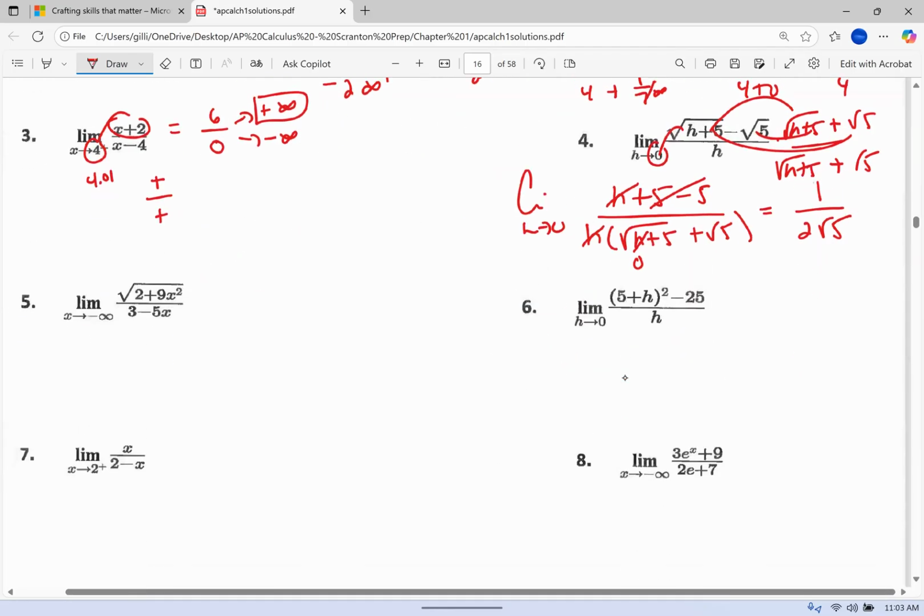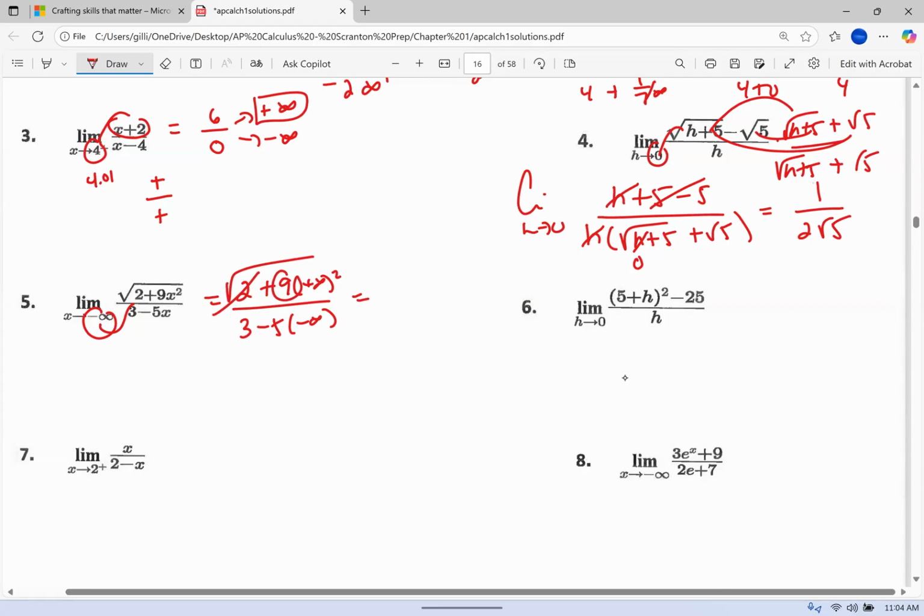In number 5, I'm going to take the limit as x goes to negative infinity and make this 2 plus the square root of 9 times negative infinity squared, over 3 minus 5 times negative infinity. Negative infinity squared is just going to be positive infinity squared, so that 2 will not matter out towards infinity.